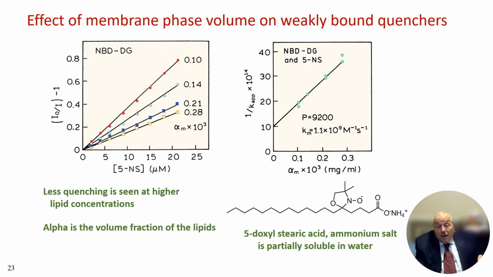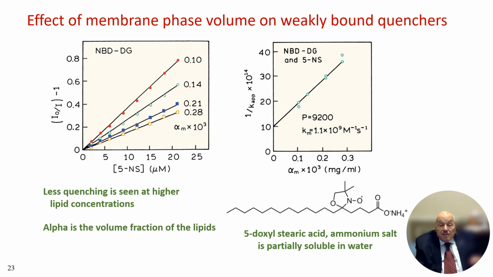It's sort of the volume fraction occupied by the lipid vesicles. So the more concentrated the lipid vesicles, the higher the volume fraction of those lipid vesicles. So let's go to the highest volume fraction first, and we get a certain amount of quenching from the doxyl stearic acid.